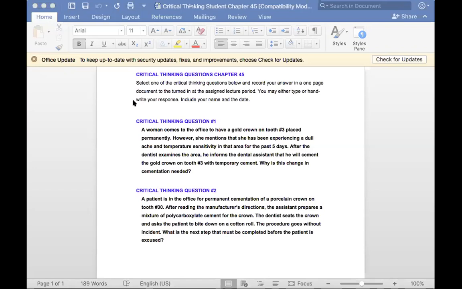So today, we're in chapter 46. We're talking about alginate. Some of you guys have experience with alginate. What is alginate? Who remembers what alginate is? I know not all of you have used it before, but some of you have.